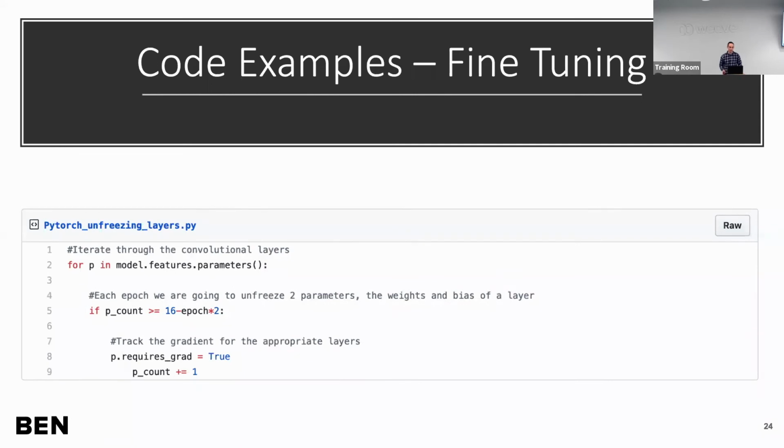Second thing, when we're fine-tuning a model, so this is when we have our image model, we're fine-tuning it to our specific data set and unfreezing layers as we go. So this would go somewhere in your training loop for your model. So at the end of each training loop, we would want to sort through all of our features, which is the first line.